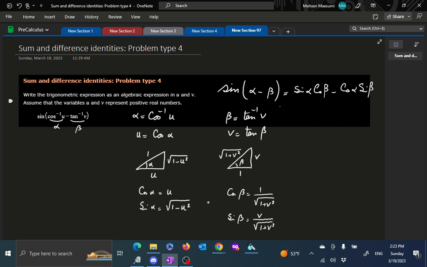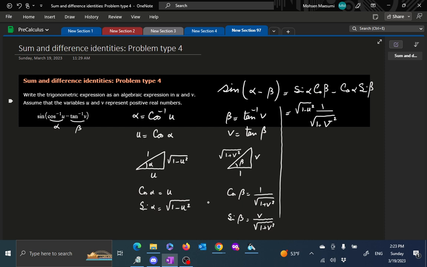Now we just plug all of these into our expression. Sine of alpha is this creature here, radical 1 minus u squared. Cosine of beta, I hope my handwriting is clear, is 1 over radical 1 plus v squared. Let me write it bigger.